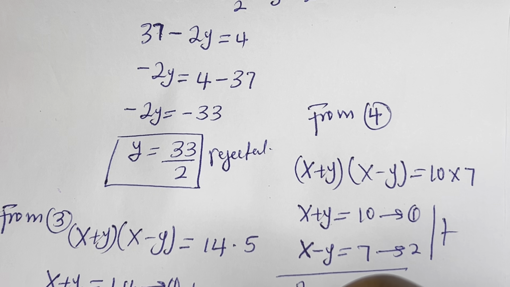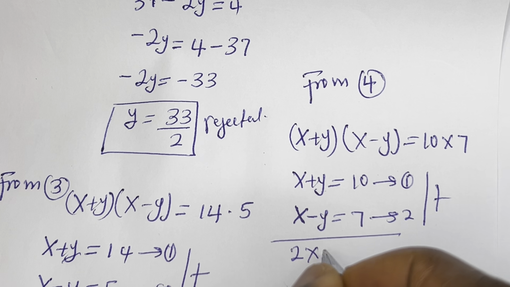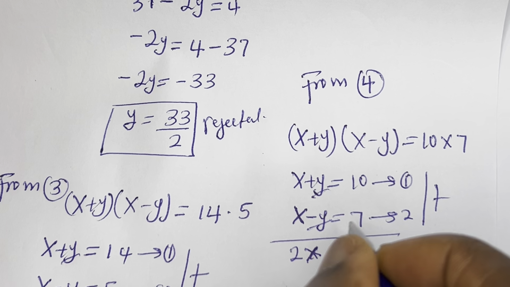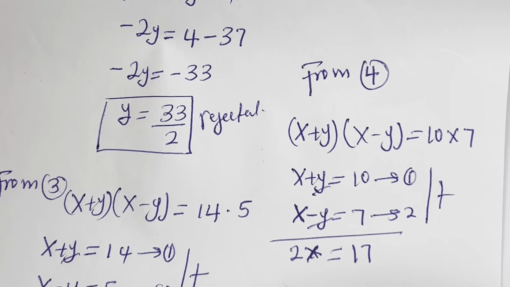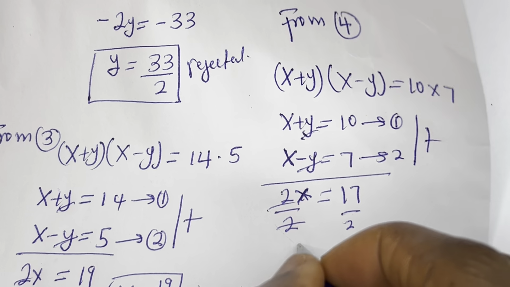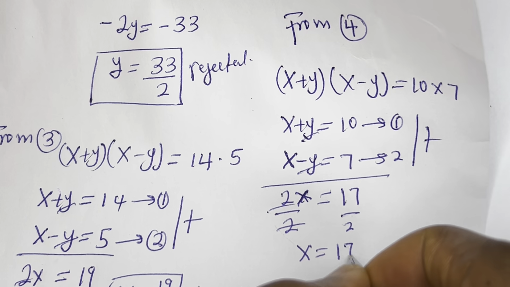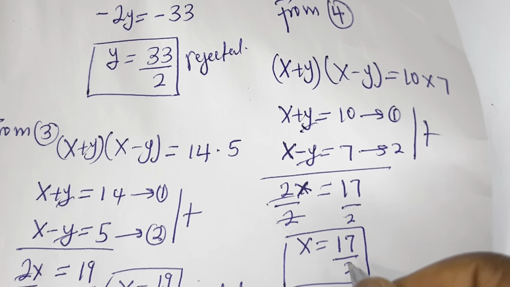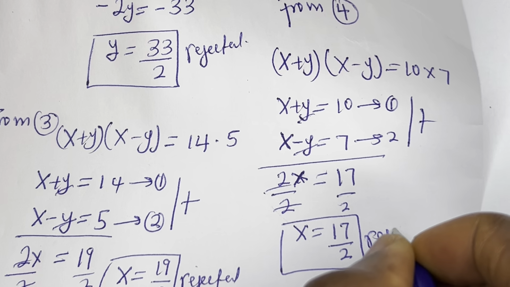Then here is 2x, this will cancel, is equal to 17. Let's divide both sides by 2. x is equal to 17 over 2. This is not a natural number. It is rejected.